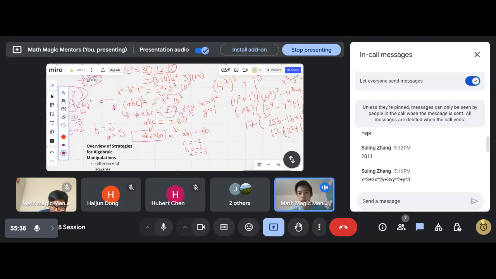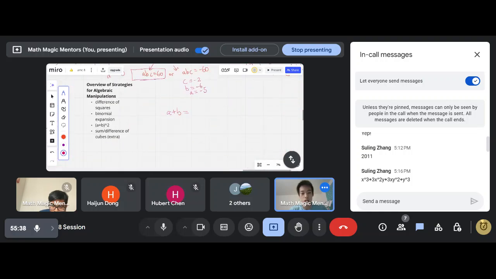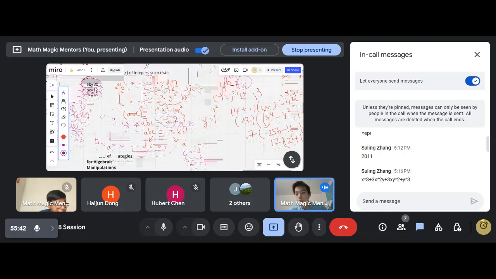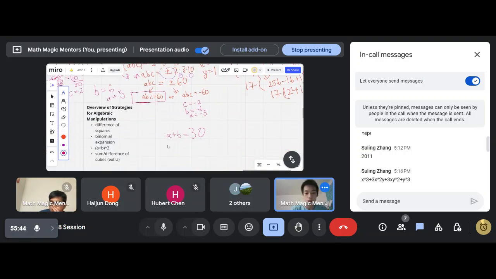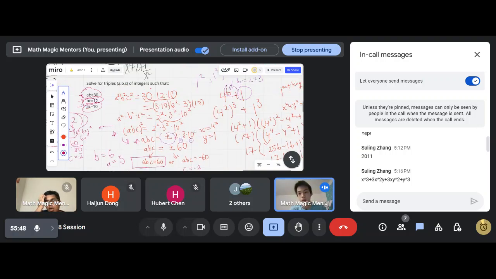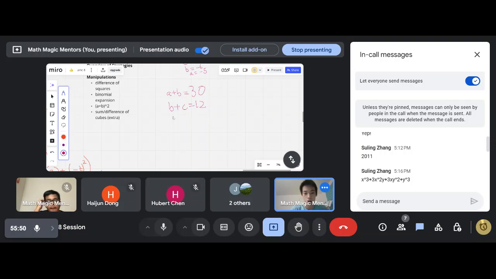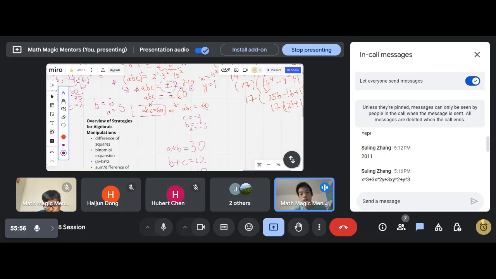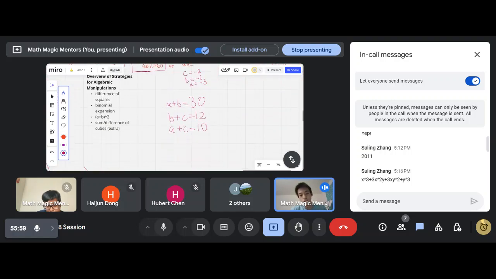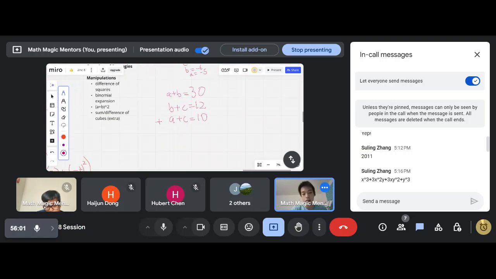So a plus b equals 30, bc equals 12, and ac equals 10. I mean, a plus c equals 10, sorry. So rather than multiplying all of these equations, we can add all of these equations.